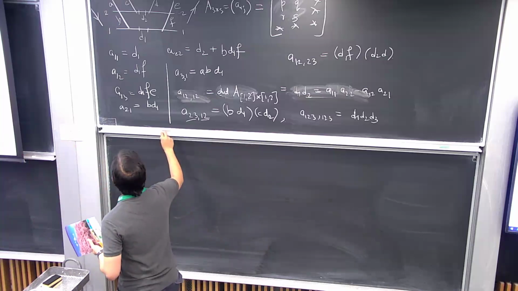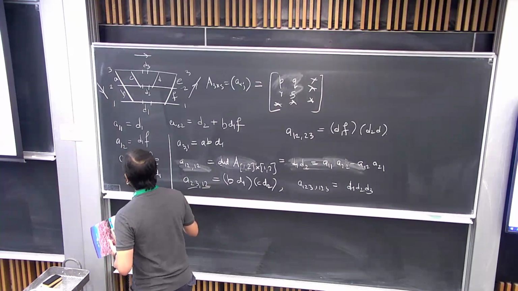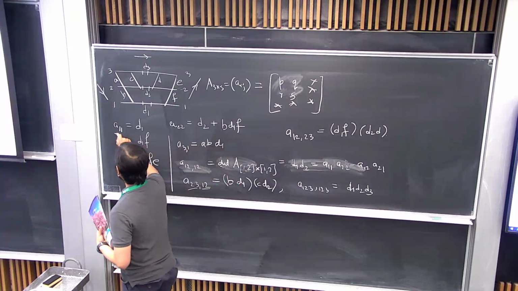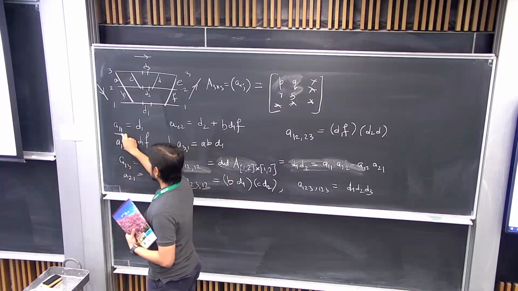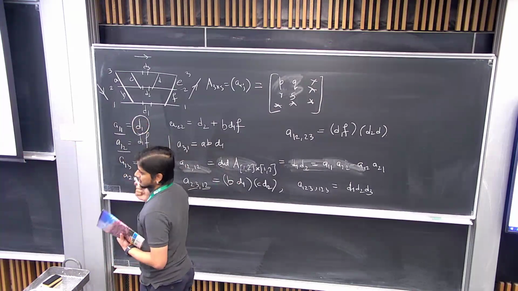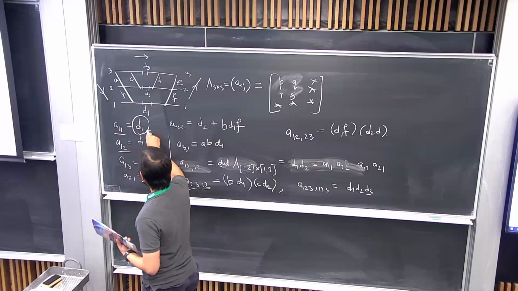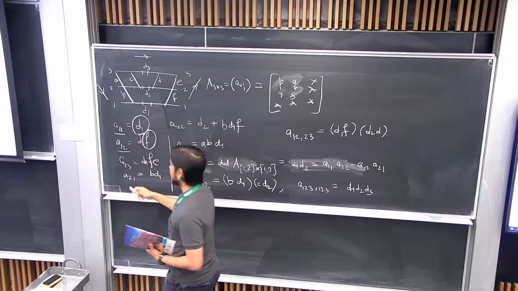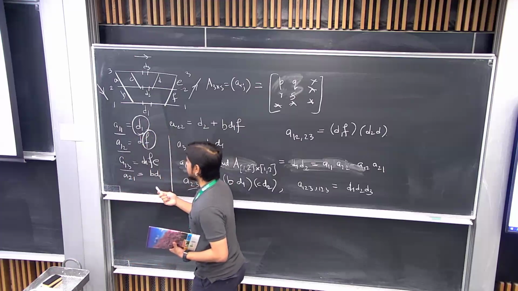So for example, if we look at these minors that I computed here earlier, this is an initial minor. So if this is positive, D1 has to be positive. This is another initial minor. If this is positive, then F has to be positive because D1 is positive from the previous condition. This is another initial minor.